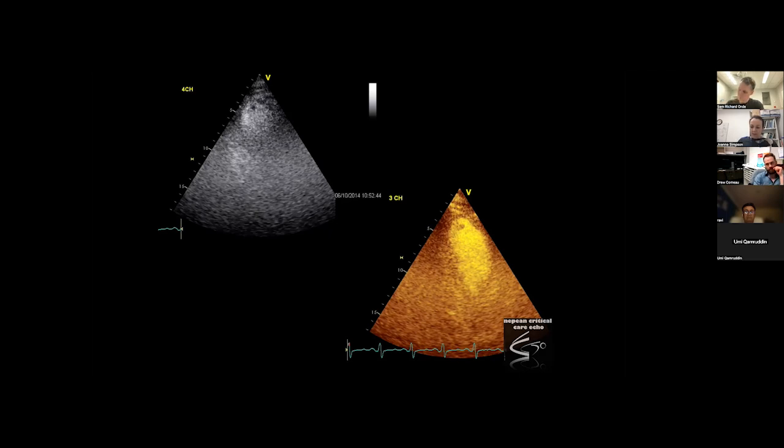There is severe diastolic dysfunction. The RV is normal size and function, but there are signs of raised pulmonary pressures with a dilated and fixed IVC and hepatic flow reversal.